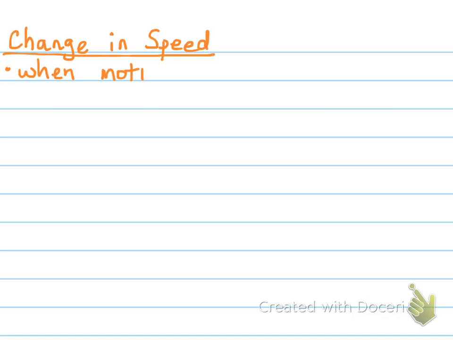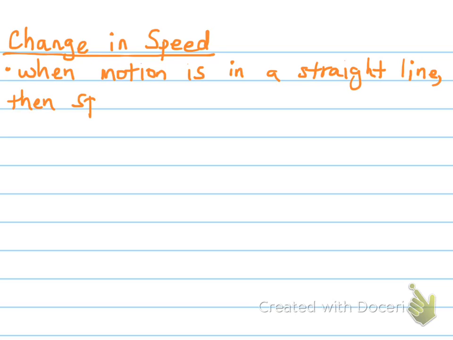Acceleration also happens from a change in speed, and this is again probably the type of acceleration that you're more familiar with. When our motion is in a straight line, then our speed and velocity can be used interchangeably.